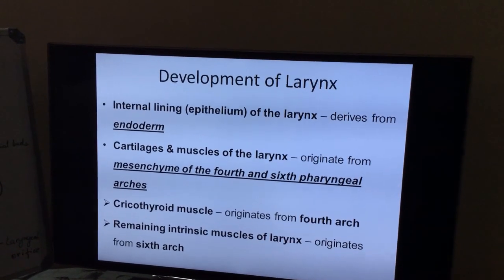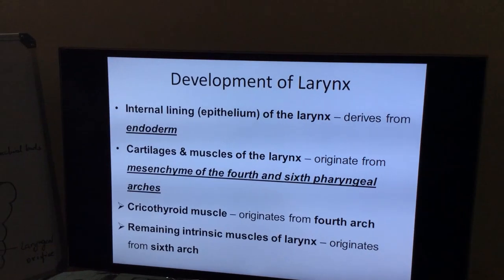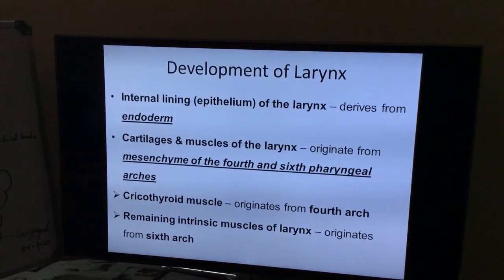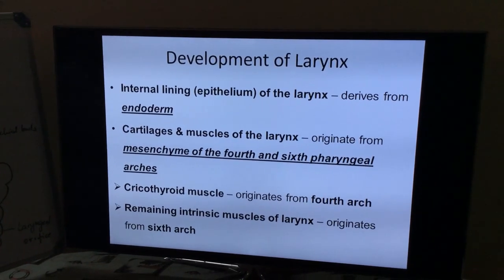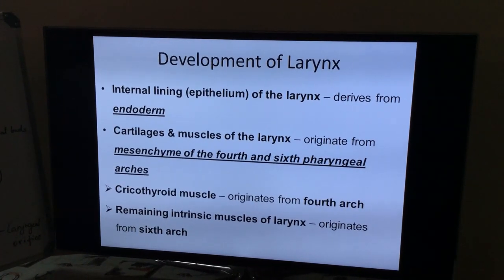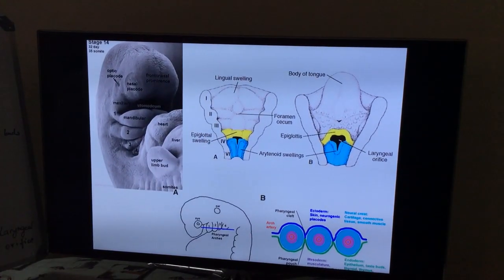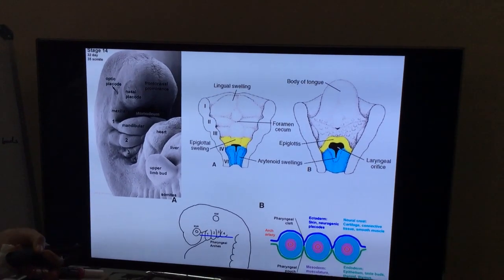So you have learnt in the anatomy of the larynx that all the muscles of the larynx are supplied by recurrent laryngeal nerve, except cricothyroid, which is supplied by external laryngeal nerve. When you see the arches, each arch has its own blood supply and also nerve supply.